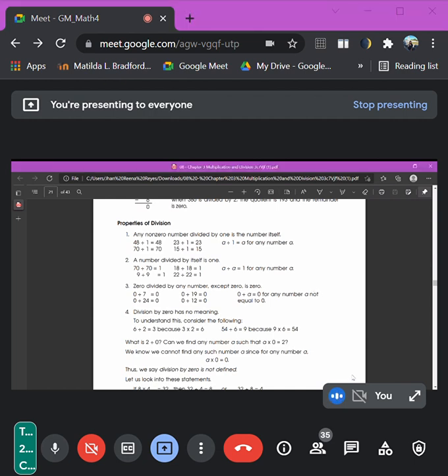Okay, division by 0 has no meaning. Because if you have there 0 as your divisor or your dividend, it will always reflect to 0, or the quotient will always be 0. So that's why it doesn't have any meaning in our division.